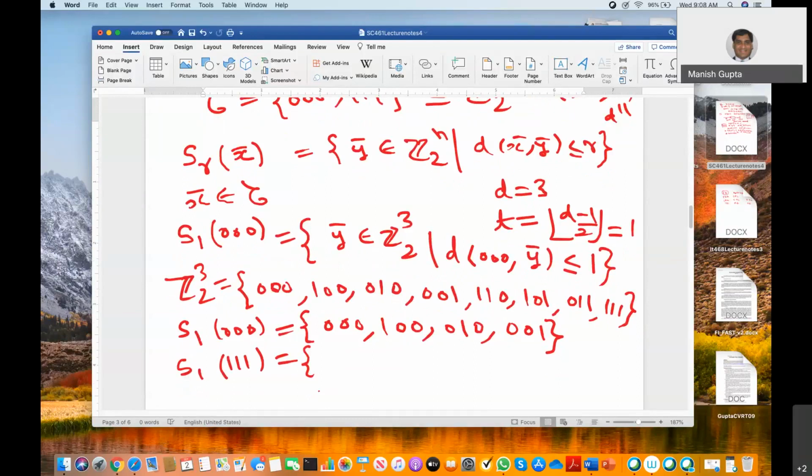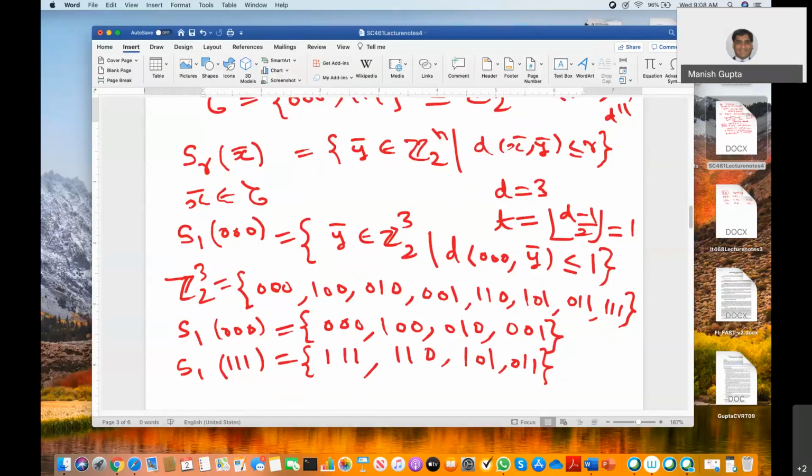So of course we will have the vector 111 here, then we will have 110, 101 and 011, right?